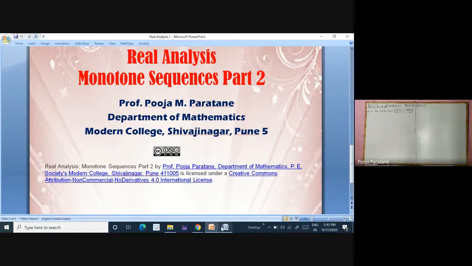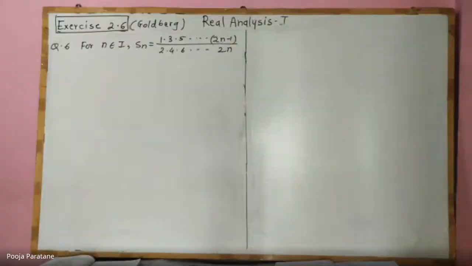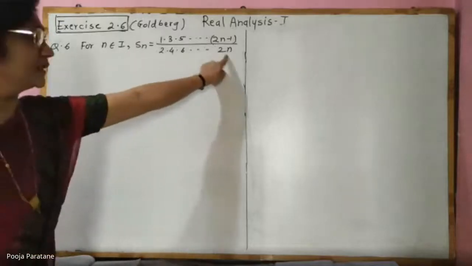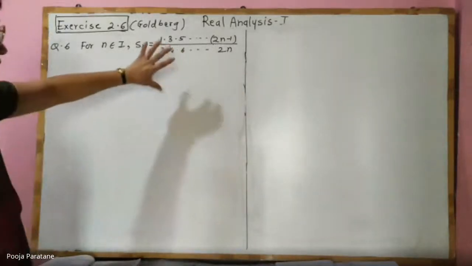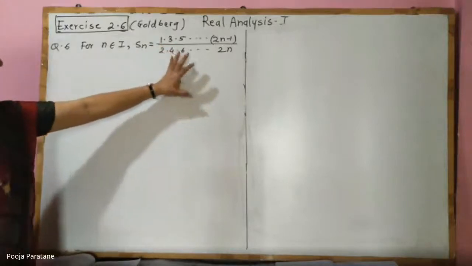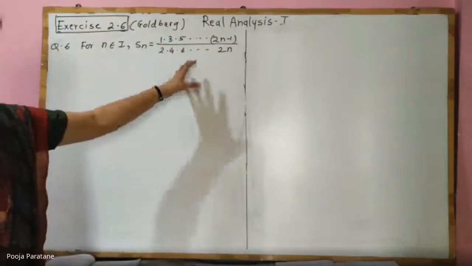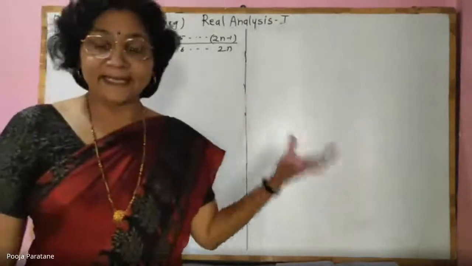This is question 6 from the Goldberg. Here we are given the nth term of the sequence. The formula for Sn is not a single function in n.